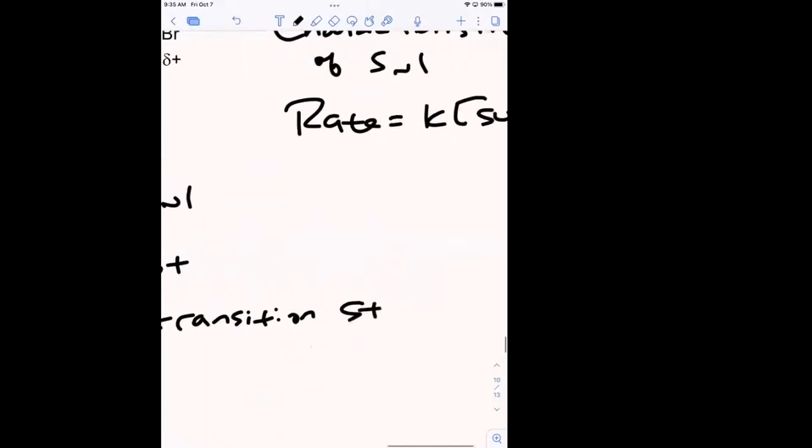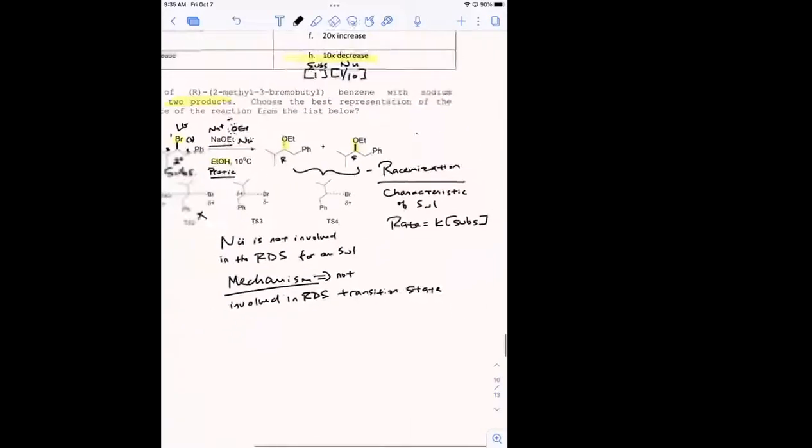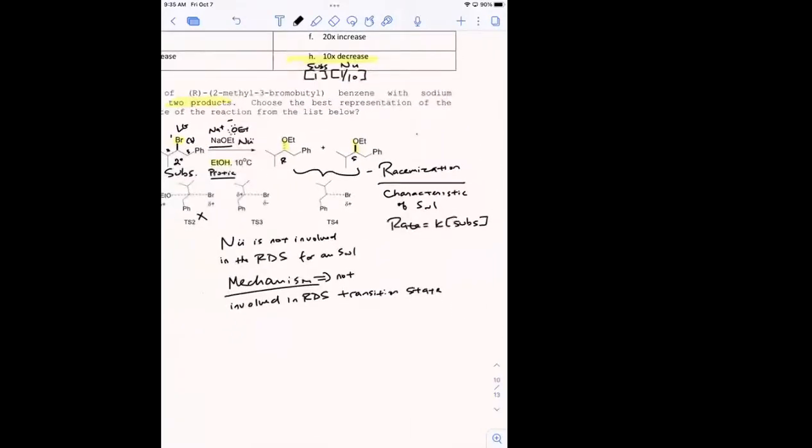Right, so the nucleophile is not involved in the rate determining step. So that means it's not involved in the transition state for the rate determining step. So it's got to be 3 or 4. Which one is it? Whichever one you pick, tell me why.